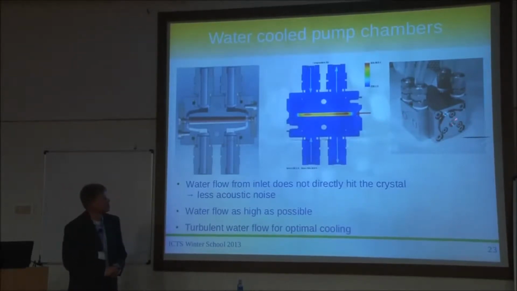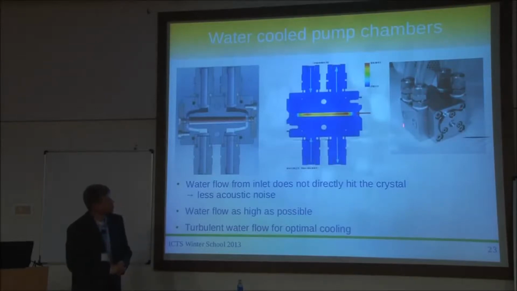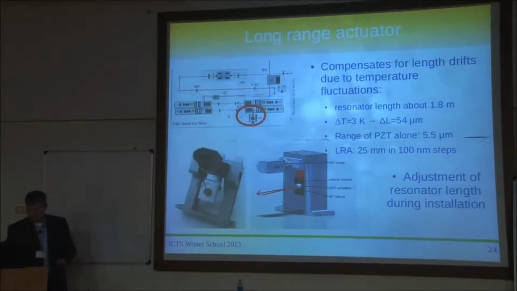That's a crystal, and then it's sitting in that chamber here, and that's the actual design. The water is coming from the top and also going through the top. It's kind of an old design. Earlier, we had the water coming in from the sides, which is a bit easier to manufacture, but it's a bit bad to mount the crystals in that whole setup then.